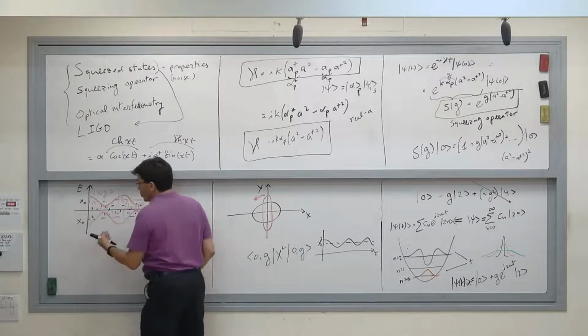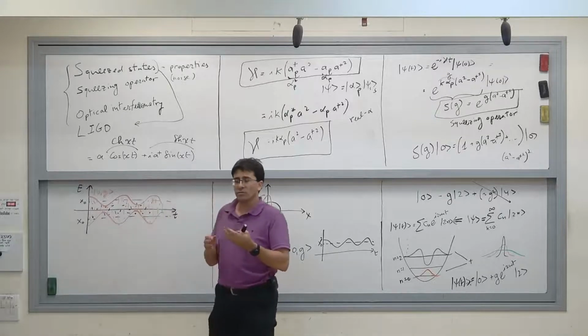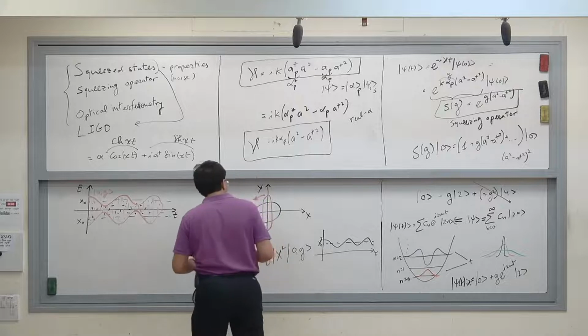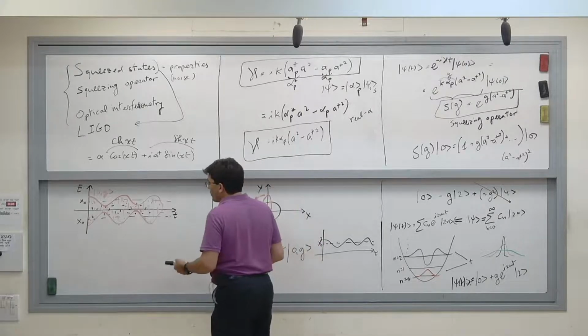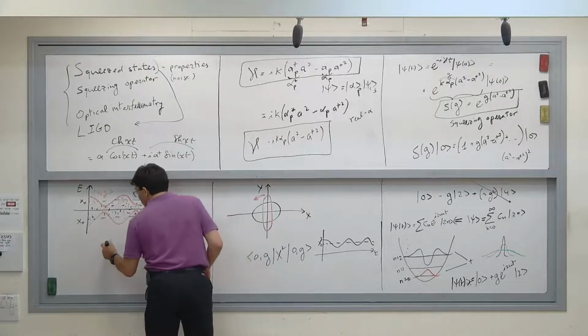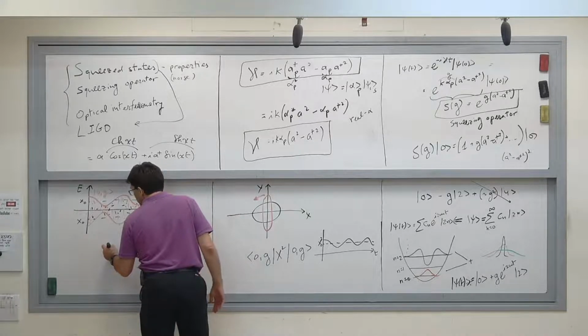One is you can say, look, the operators evolve. So I can do the calculations of what happens for squeezed vacuum in two ways. I can ask myself, what is A of t.